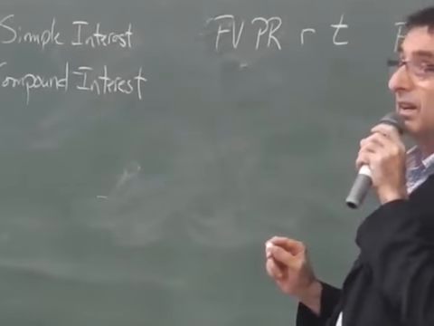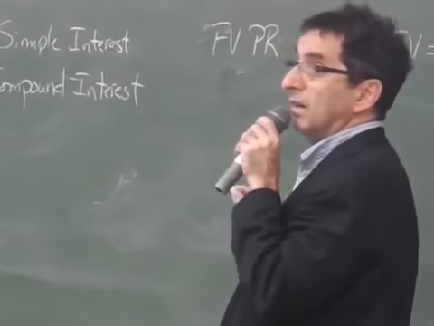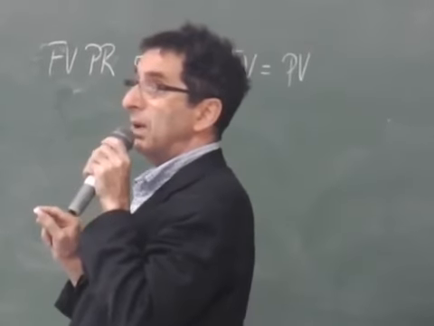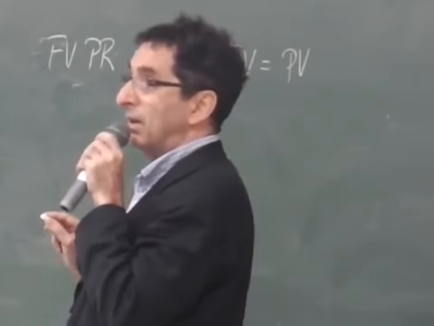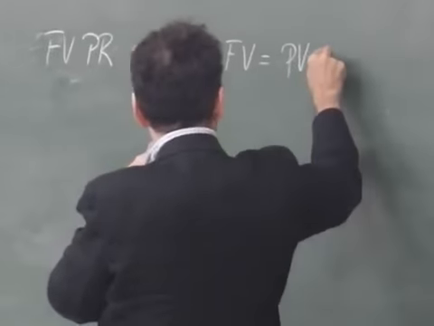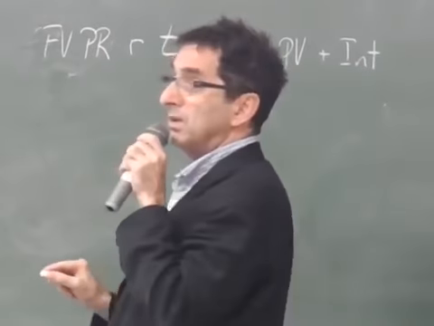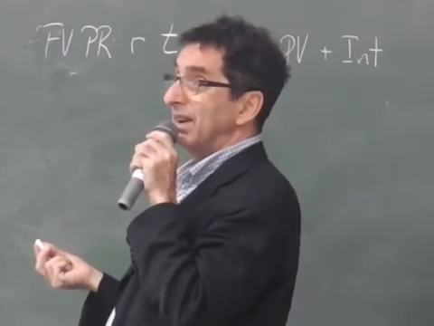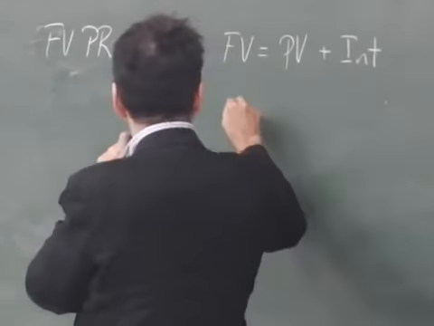Present value? Okay, that was one way, but even the more basic way, but I'll get to that one afterwards. But one other way to say it was this, right? It was just the present value plus the interest. That's the simplest way to understand it, right? Just the present value plus the interest. But what was the interest?